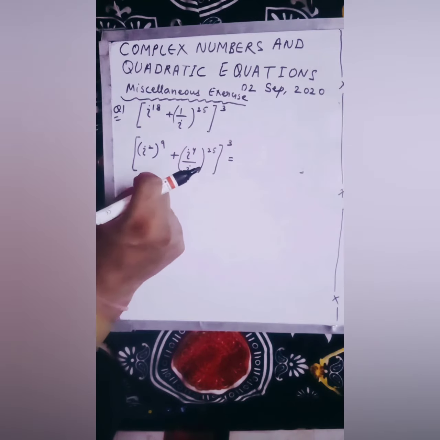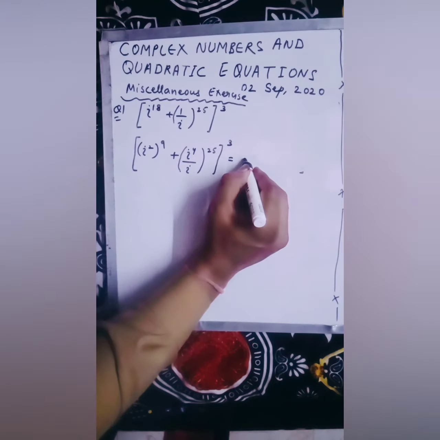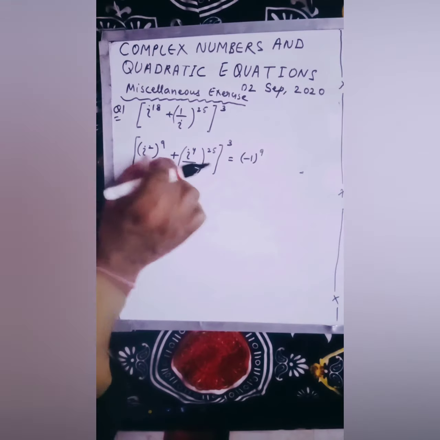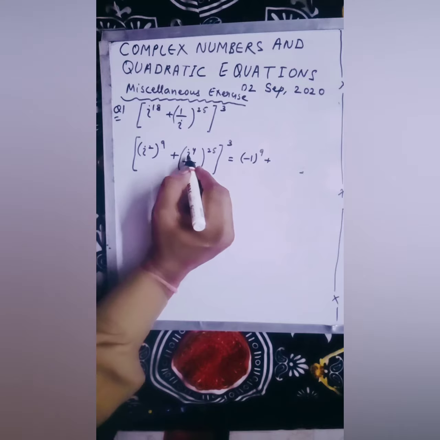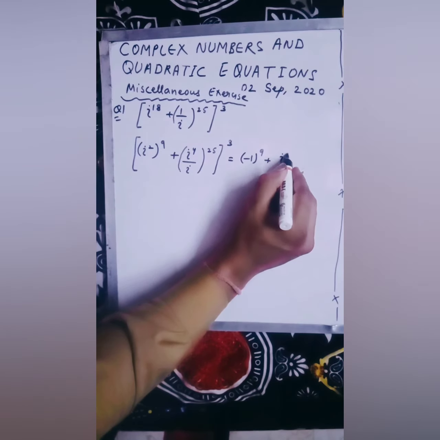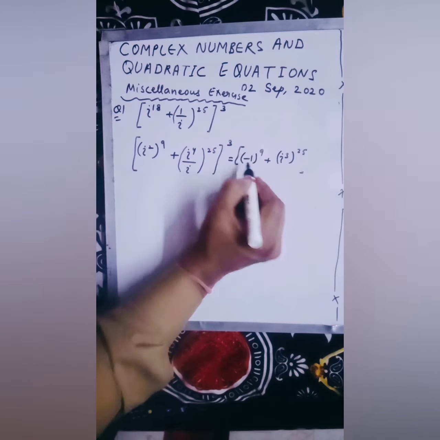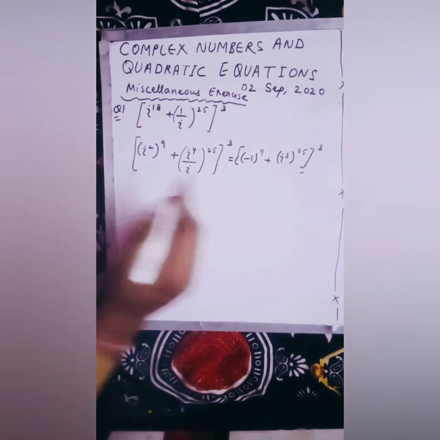Okay, now this iota square is -1, so -1 raised to the power 9, at a place of this you have to write, plus here this and this will cancel out, and you have to write iota to the power 3, and this whole raised to the power 25 also, and all of this will be in bracket, and this you have to write the power, that is 3.